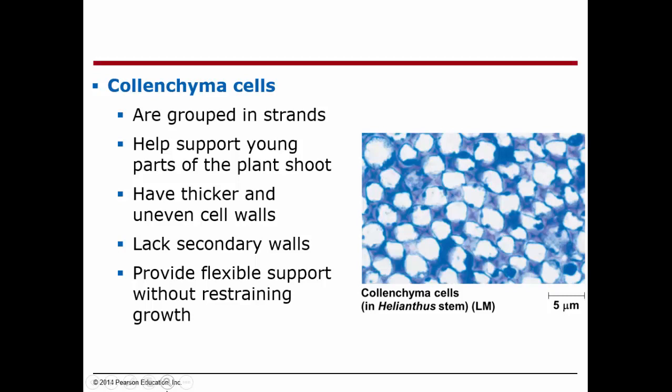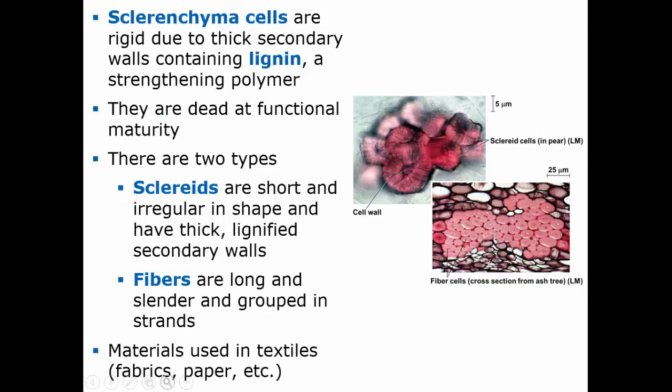This tissue type is most common in young growing plants and tends to be lost as a plant ages. This tissue type is also the most common just below the epidermis, so it's most abundant in the ground tissue system. So the next tissue type is called sclerenchyma.